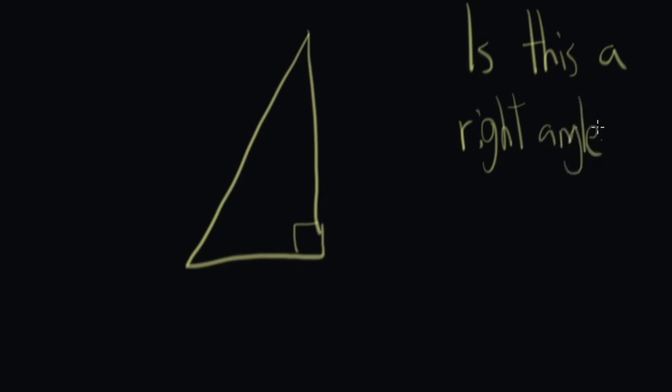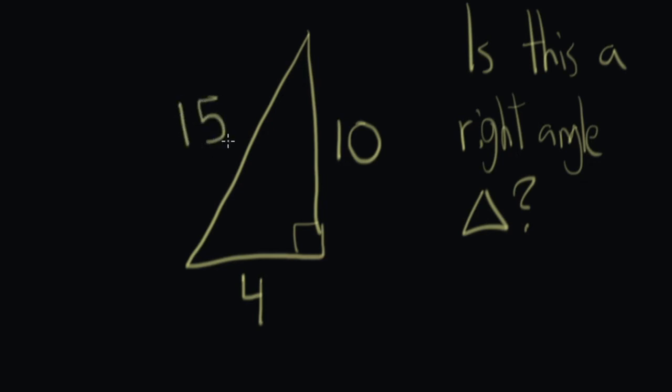Because it should follow c squared equals a squared plus b squared. So let's say, I don't know, this was maybe not 12. Should we say it's 12? No, we already used 12. Let's say that this was 10, and this was 4. And then the hypotenuse, which is the long side, the hypotenuse is 15. So is this true, basically is what they're saying.